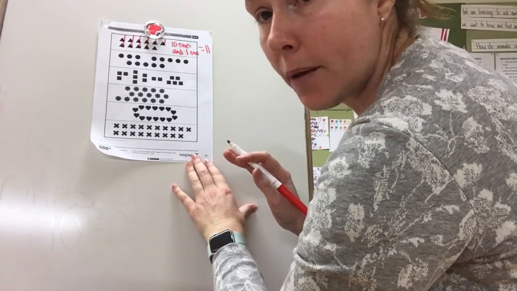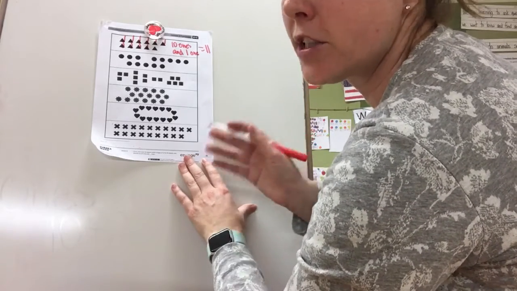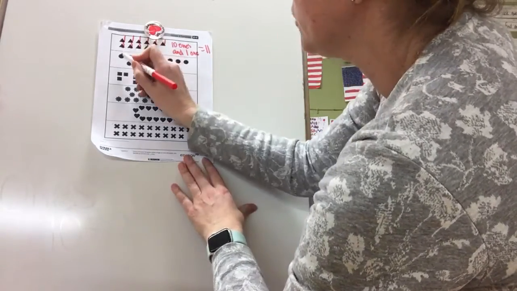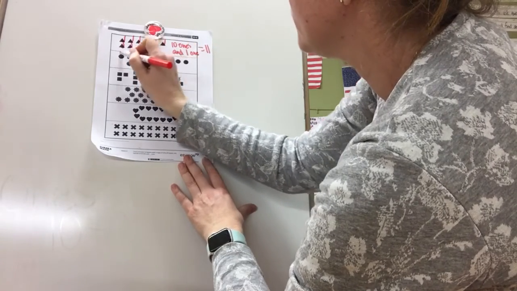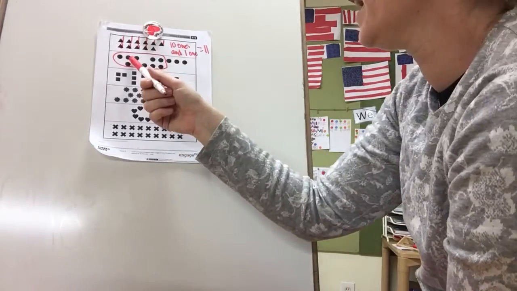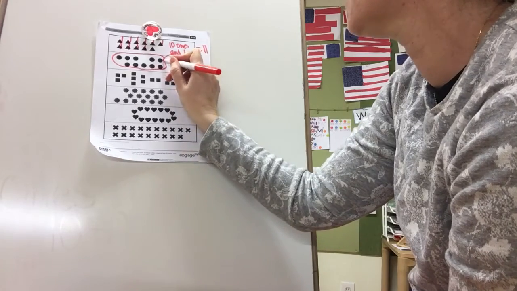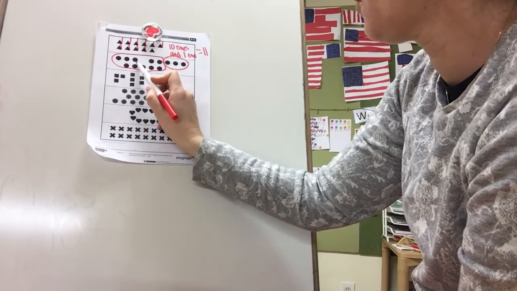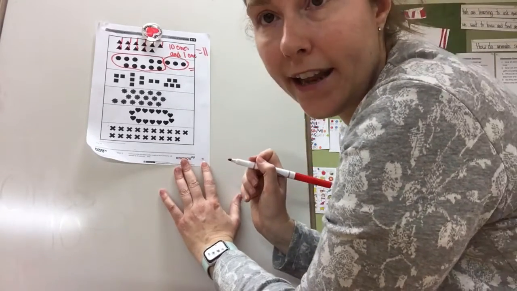We worked a lot on circling things. On Monday we circled groups of 10. So this is a review from Monday. 1, 2, 3, 4, 5, 6, 7, 8, 9, 10. So here is my group of 10. I have 10 ones and 1, 2, 3 ones. I have 10 ones and 3 ones equals, what's 10 and 3 equal?